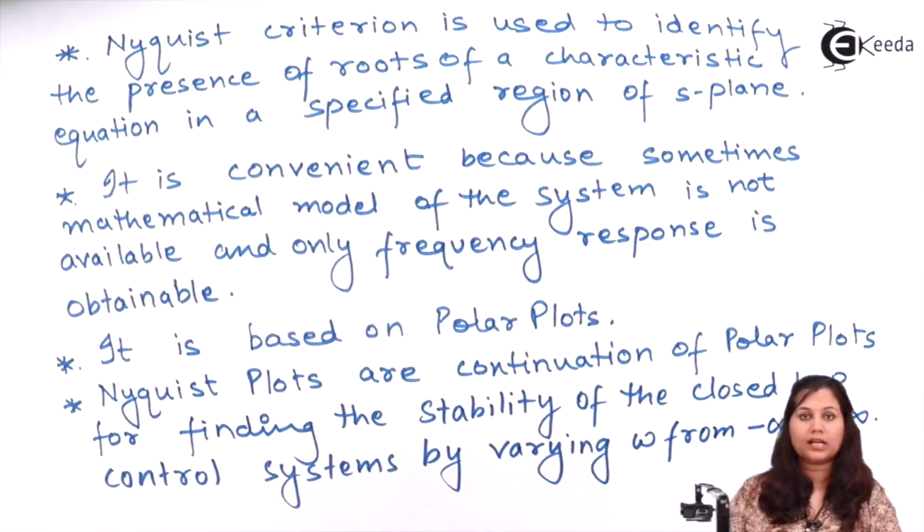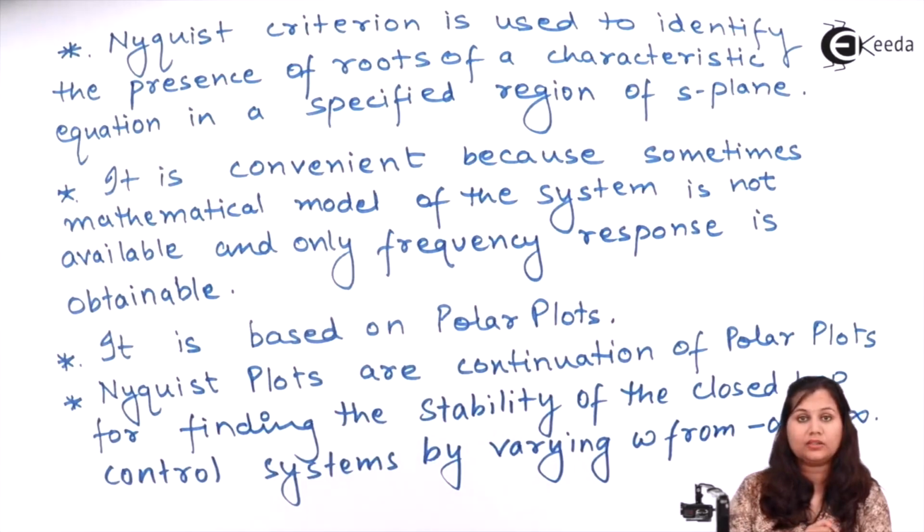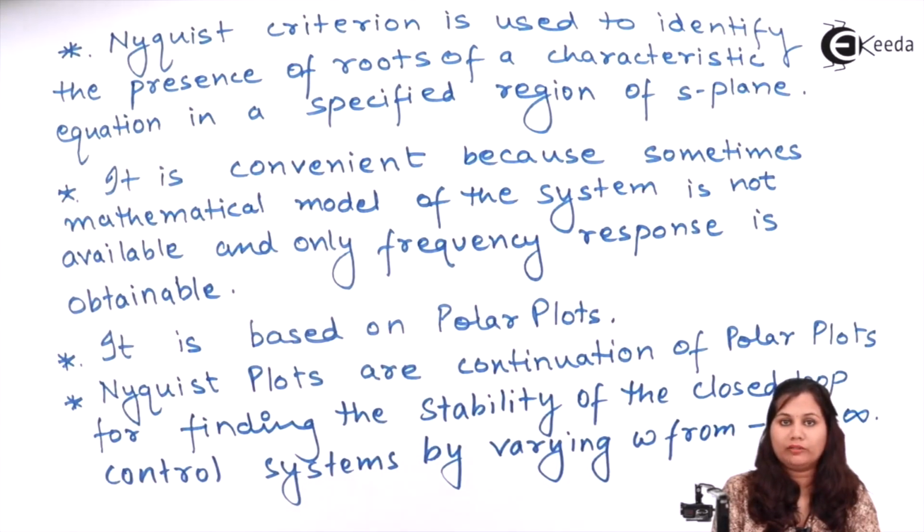So Nyquist plots are a continuation of the polar plots for finding the stability of the closed loop system by varying the omega from minus infinity to infinity.